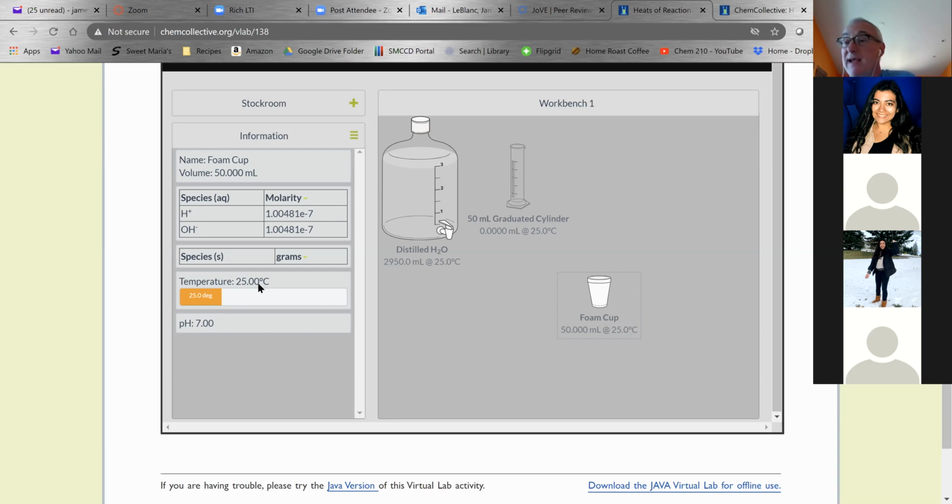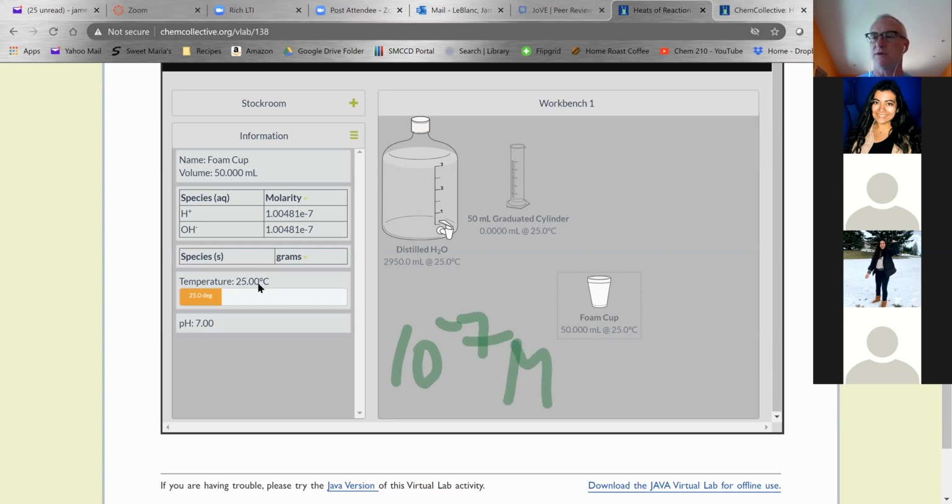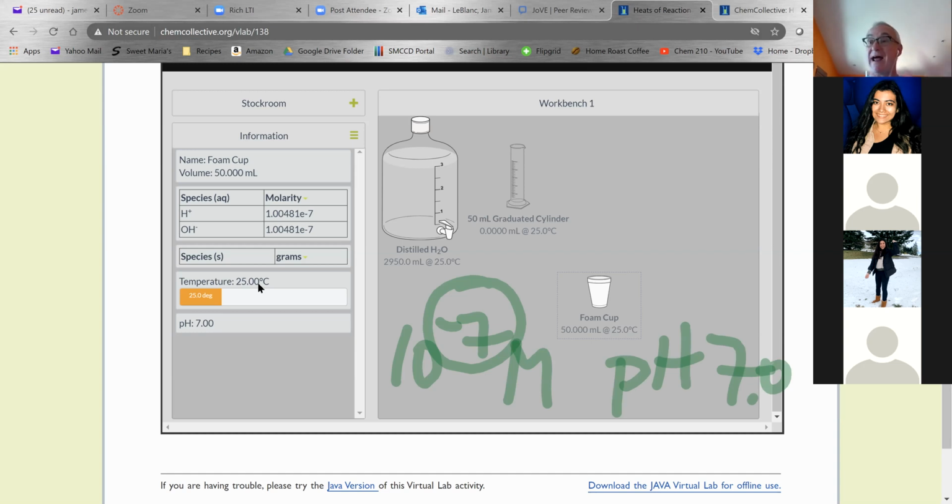Seven. Yeah, 7, because we calculate the pH based on the concentration of H plus. The concentration of H plus right now is 10 to the minus 7 moles. And so we take the negative log of that for the pH, and so it's pH 7.0. And this will change radically when we put our sodium hydroxide in.